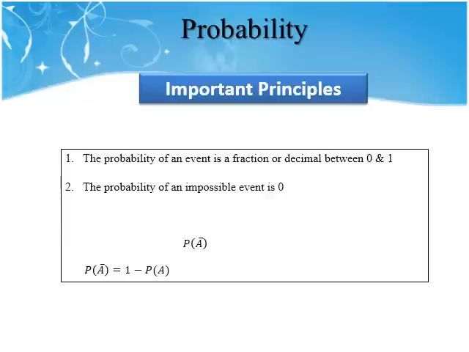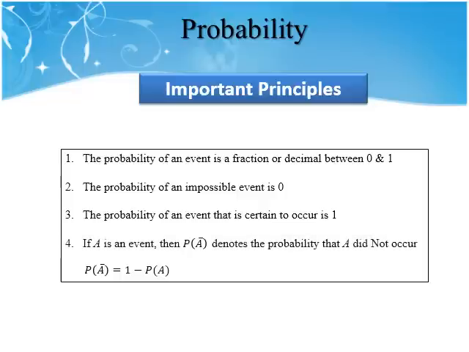For the probability of an event that is certain to occur, we use 1. All other probabilities fall between those. If A is an event, then the probability of A bar denotes the probability that A did not occur. And lastly, the probability that A did not occur is simply 1 minus the probability that A occurred.